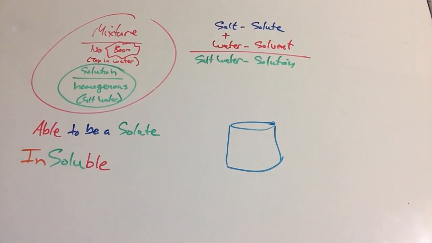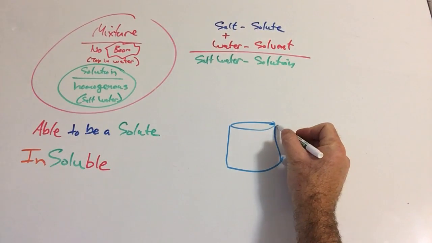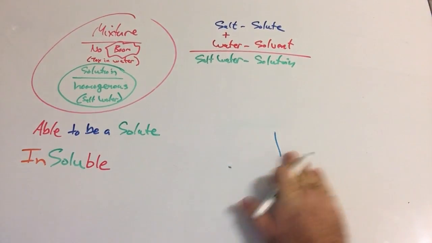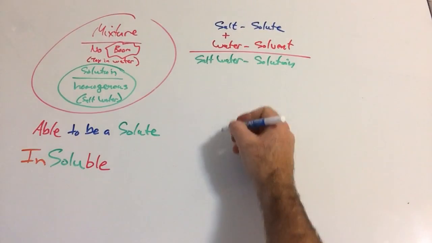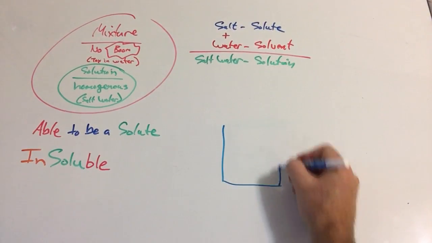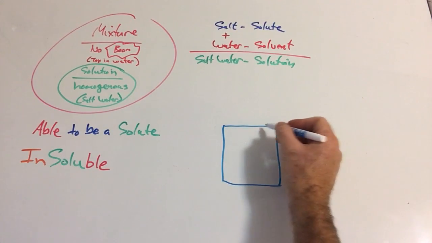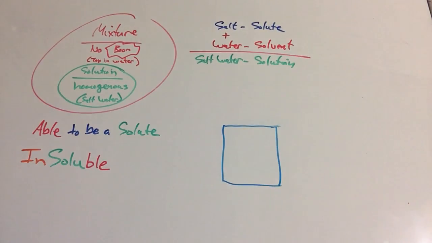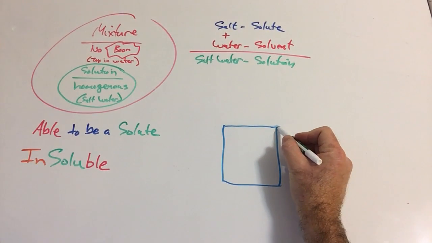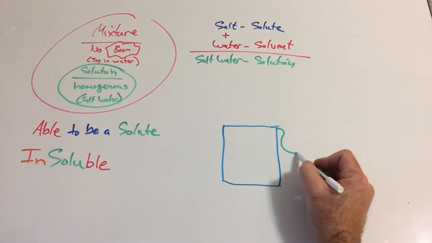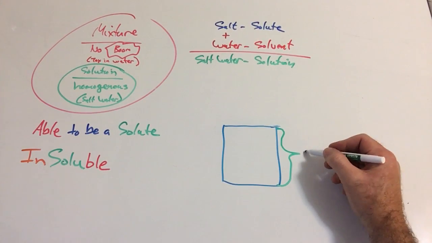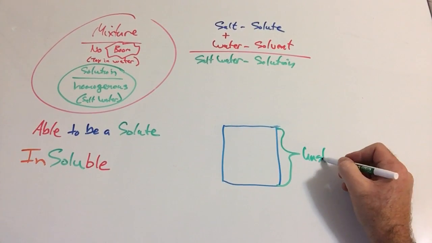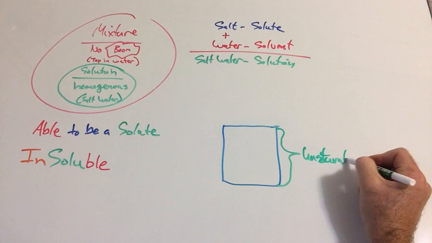Every amount from, and I won't, oh, sorry. Let me redraw that so it's a little more clear. We'll say that you're looking at the cup exactly across and you can't even see the opening. That means every amount from just under the top to just above empty is unsaturated.